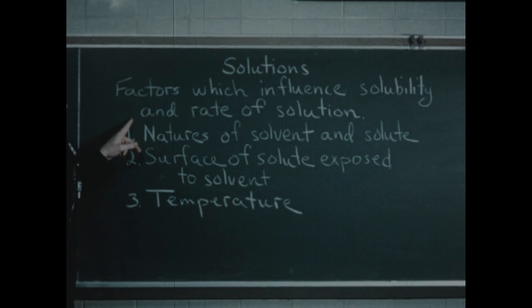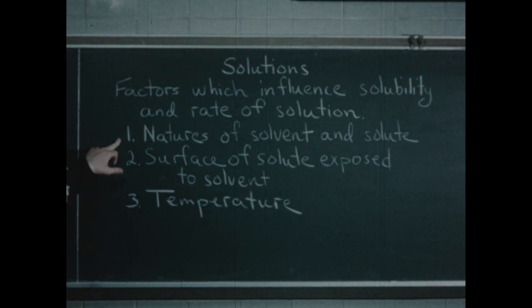Solutions consist usually of a liquid solvent and a dispersed substance called the solute, which may be either a solid, liquid, or a gas. Sometimes we have solid or gaseous solvents also, but these are not of concern to us today.